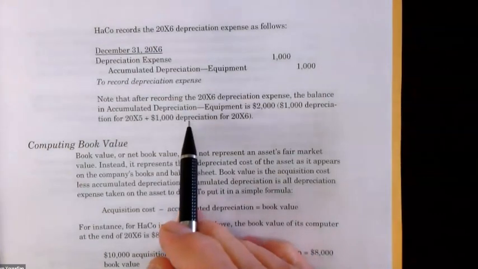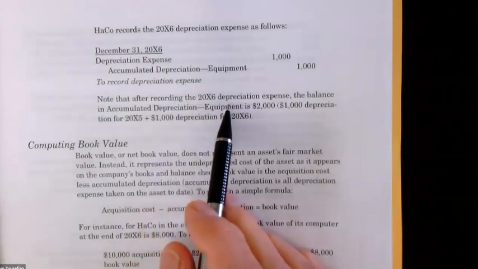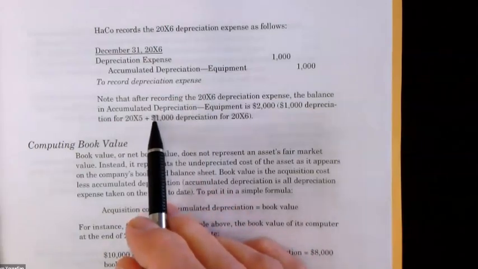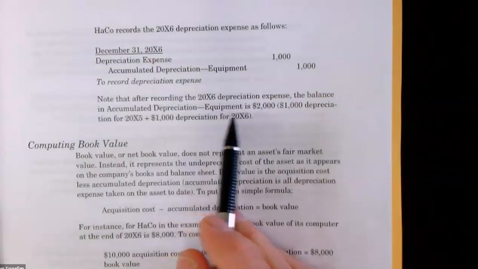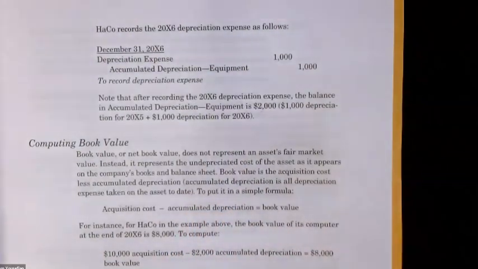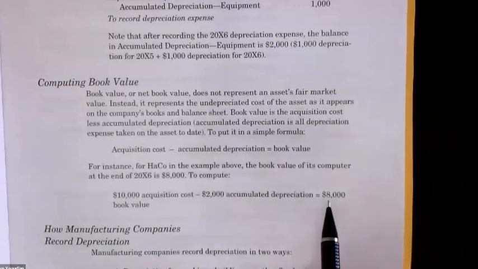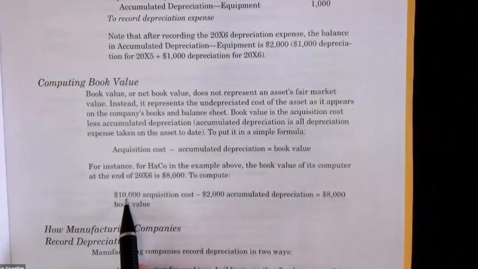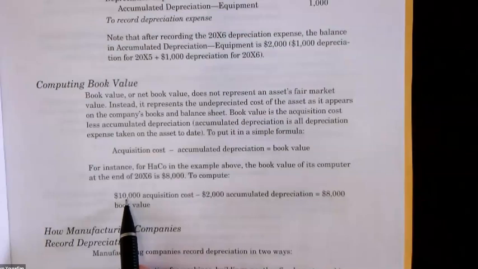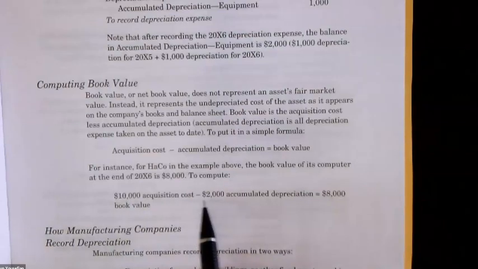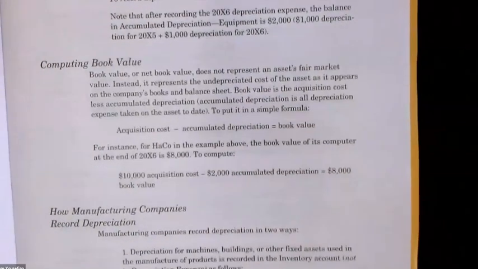After recording year two depreciation, the accumulated depreciation for equipment ends up to be $2,000, which is $1,000 from year one and $1,000 from year two. So the book value at the end of year two will be what? The book value at the end of year two will be 8,000, which is 10,000 original total cost minus $2,000 accumulated depreciation.